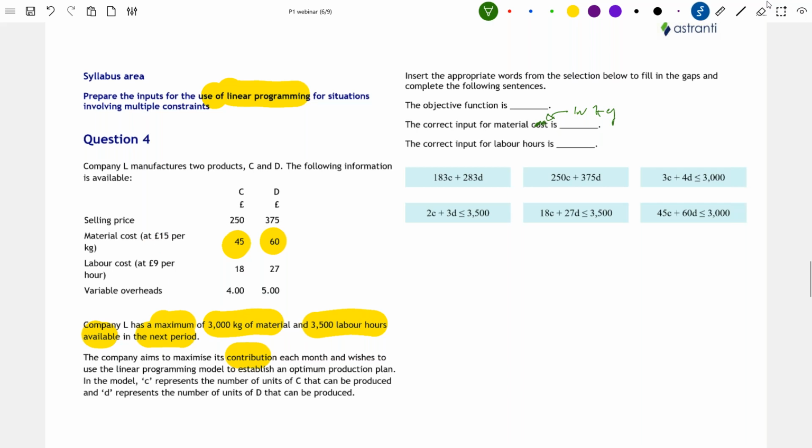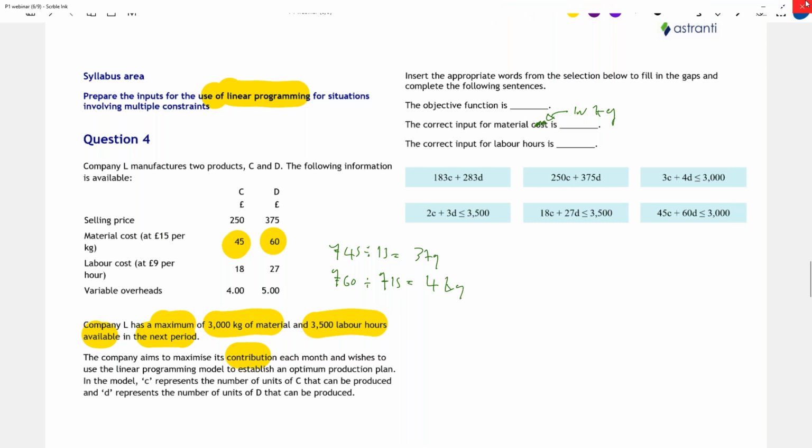That is £45 divided by £15 is equal to 3 kilograms. Meanwhile, £60 divided by £15 per kilogram is equal to 4 kilograms per unit.